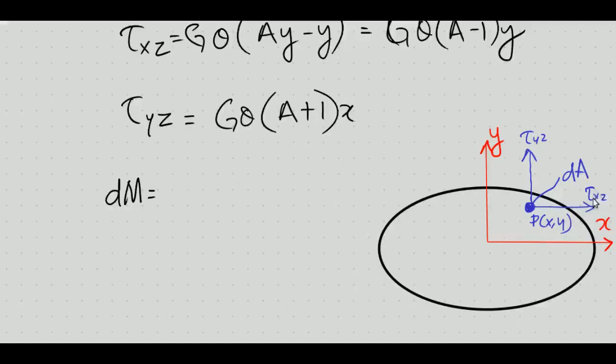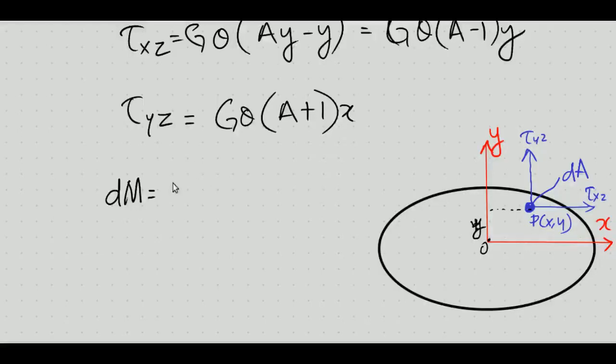This is the stress tau xz, so we will get the force in the x direction, tau xz into dA, and its line of action is at a distance y from the origin, the center of twist. It will produce a clockwise moment, so we will put it as a negative value.